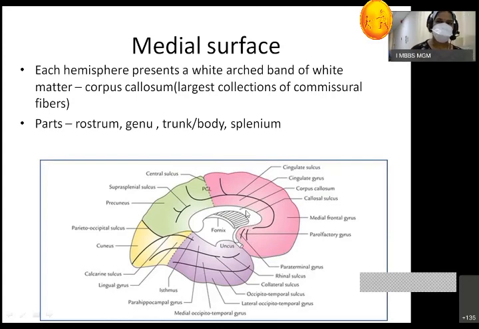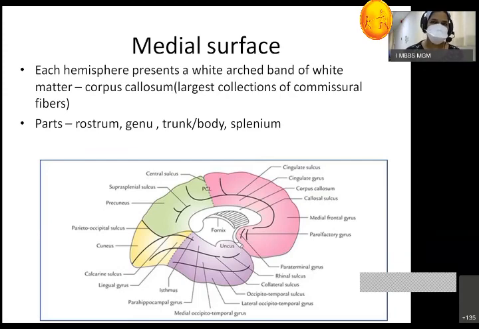Now this corpus callosum, you have to understand, in childhood, generally we develop the dominance, left-sided or right-sided. Most of the population uses their right hand for usual daily activities like writing, eating food. So that dominance develops in childhood.